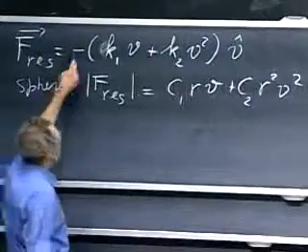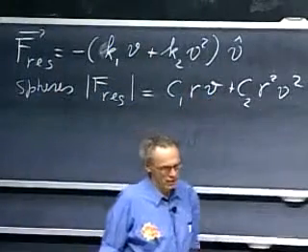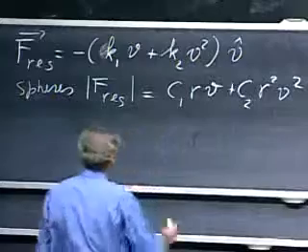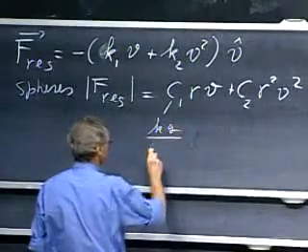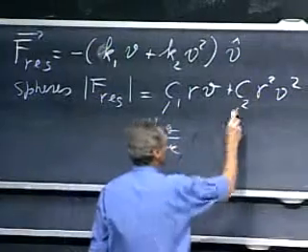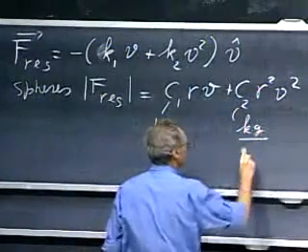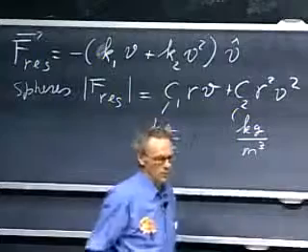And again, it's always opposing the velocity vector. C1 in our units is kilograms per meter per second, and C2 has the dimension of density, kilogram per cubic meter.